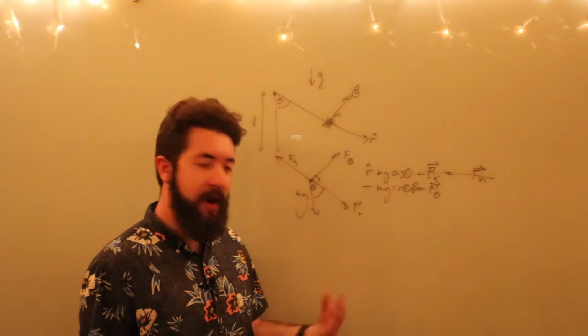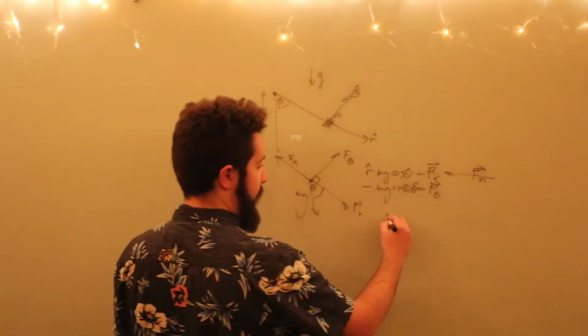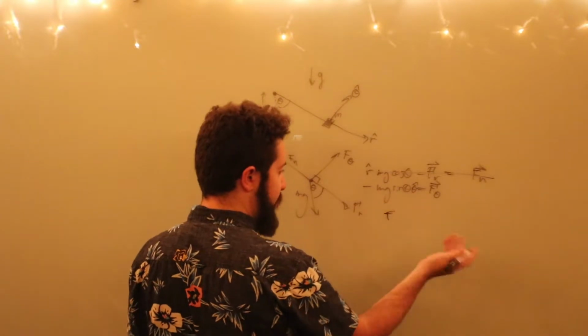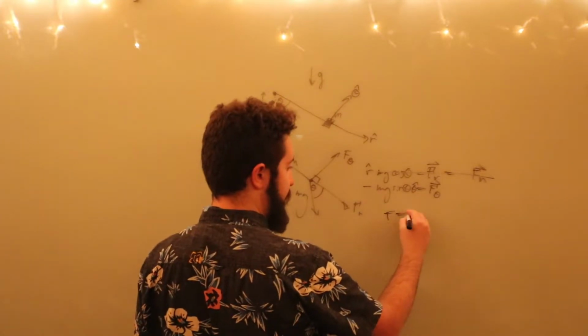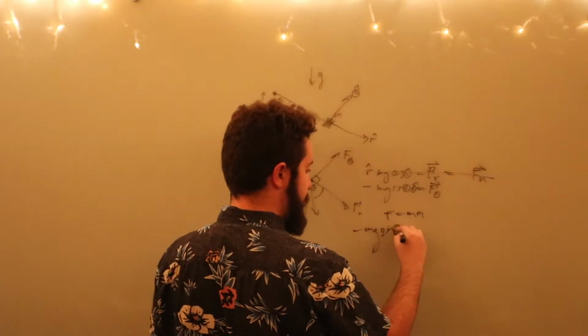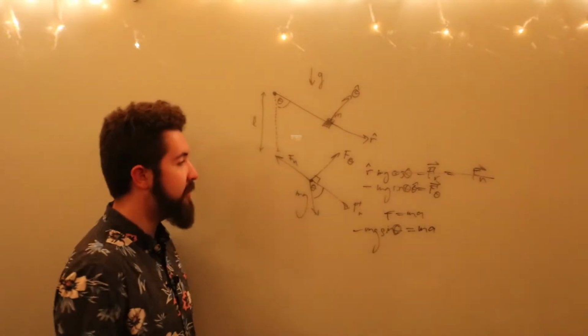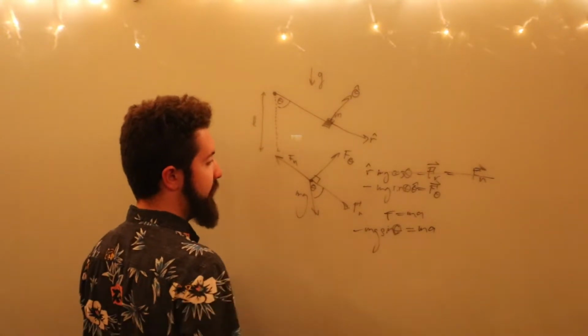So what do we do? We write F equals ma in classic fashion. F is going to be equal to this force, obviously, so we're going to have F equals ma implies negative mg sine theta is going to be equal to ma. Now what is a here? It's not going to be a normal acceleration.